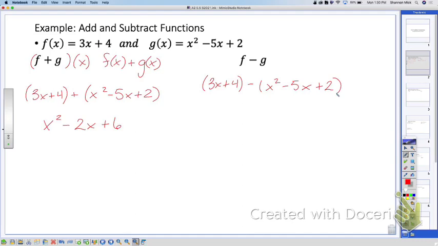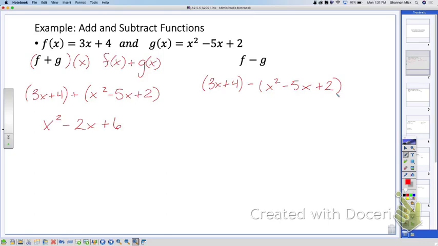I want a hand for what I need to do next. Garrett. Well, you would keep the x squared because there's only the x squared on one side, but you would subtract 3x from 5x and get negative 8x. You're forgetting something. Ethan.